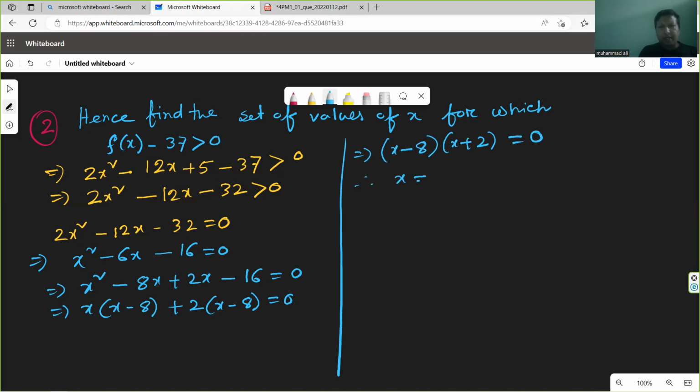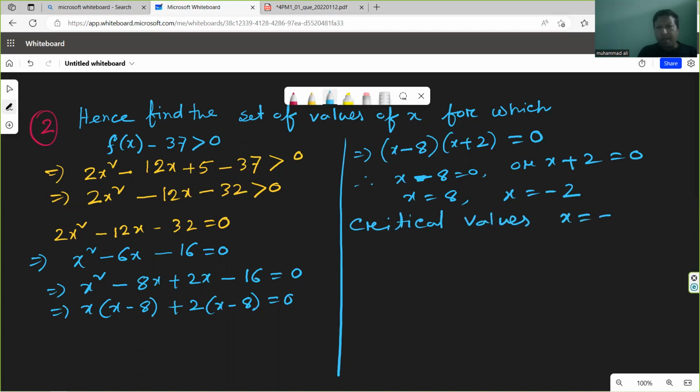Therefore, x minus 8 equals 0 or x plus 2 equals 0. So x equals 8 and x equals minus 2. So the critical values are x equals minus 2 and 8.